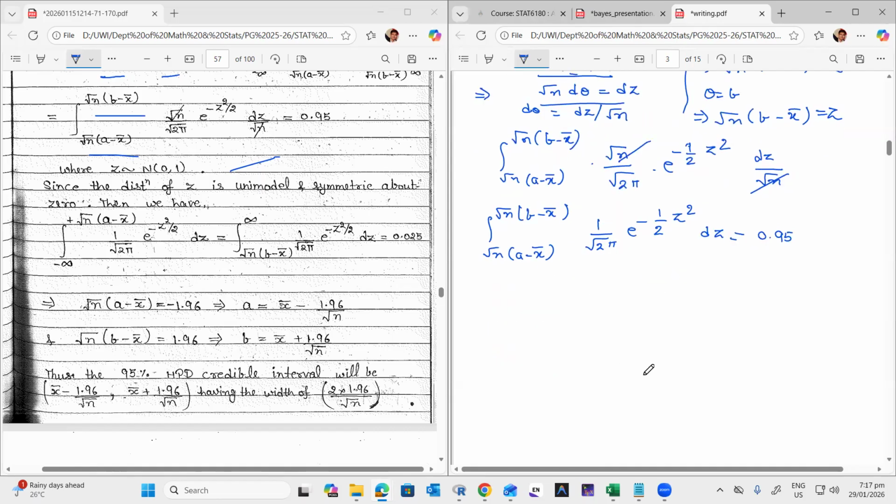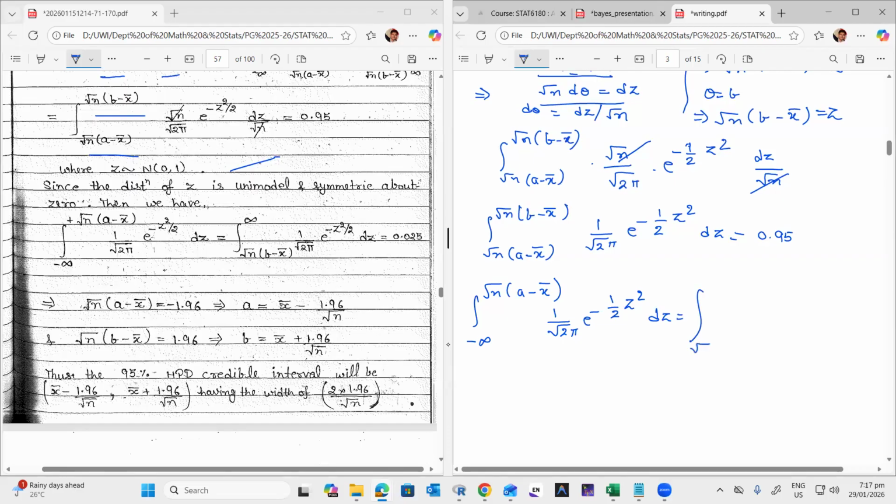So at that time you can write it as the integral from minus infinity to root n times (a minus x bar) of 1 upon root 2 pi e raised to the power minus 1 by 2 z square dz, equal to the integral from root n times (b minus x bar) to infinity of 1 upon root 2 pi e raised to the power minus 1 by 2 z square dz, which should be equal to 0.025.